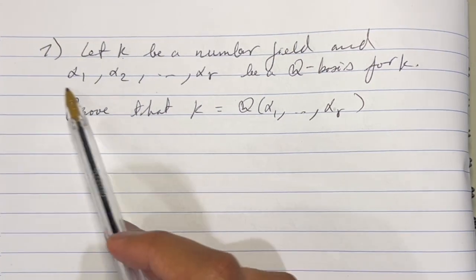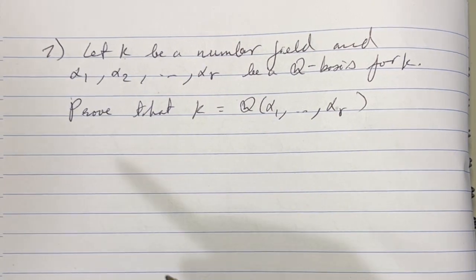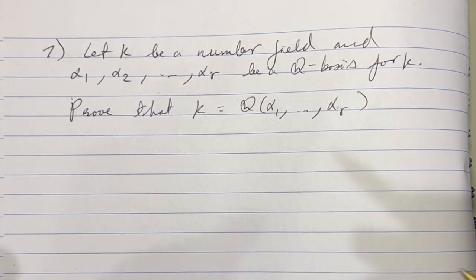So if you scale some of these elements by Q and add them together, so take a linear combination of some of them, you can't get the other ones, right? You can't make some of the αi using linear combinations of other αi.